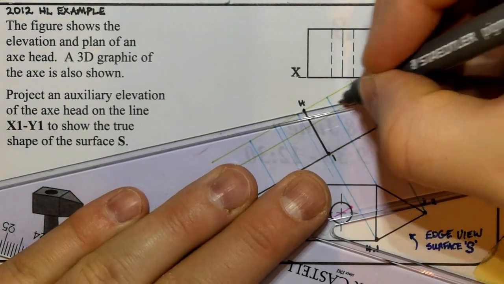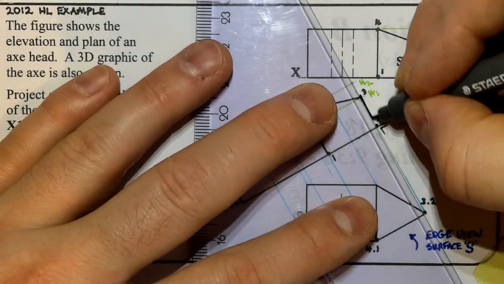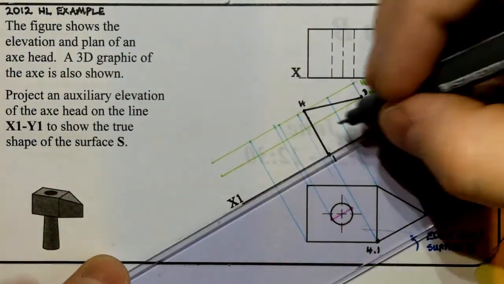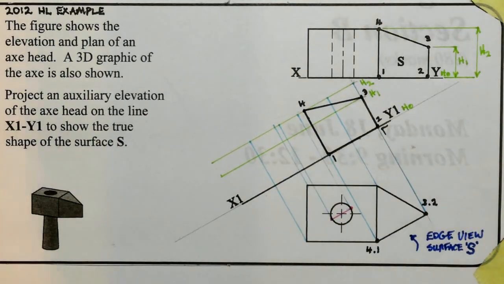Okay, I'm going to heavy in this surface here for a start, because I do know that this surface is perfectly visible to me, and it's also the true shape surface. So I just want to make a point of highlighting that first, and I'll use a little bit of colour now as well.